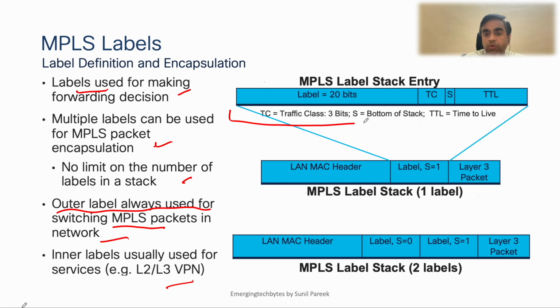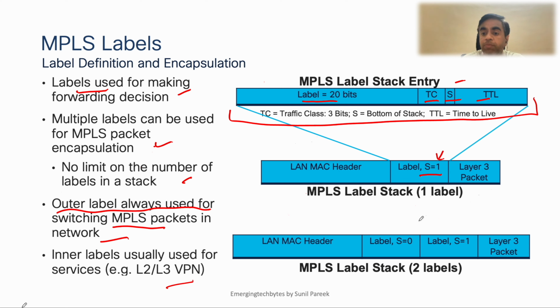Initially, as I showed, this is how your MPLS packet looks. And if this is the only label on a packet, right, there is only one label, then you will see this bottom of stack bit as 1.